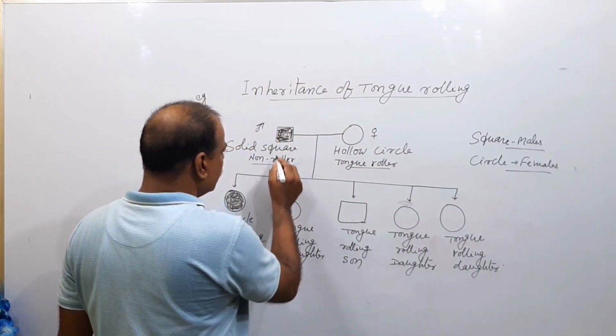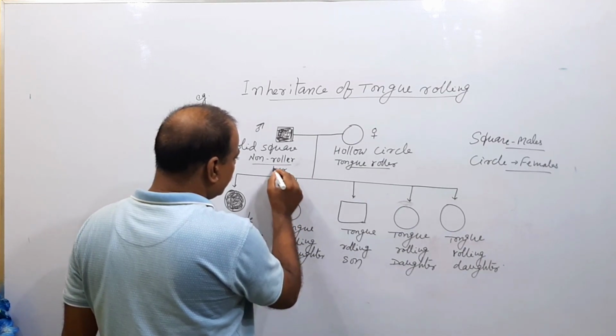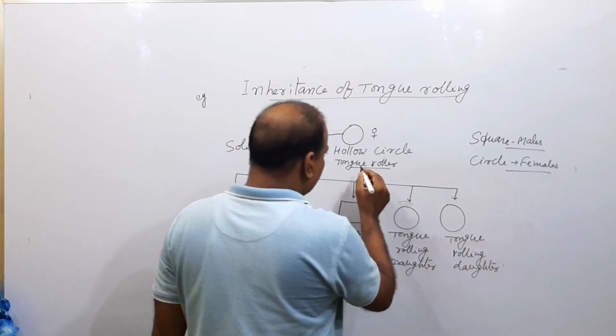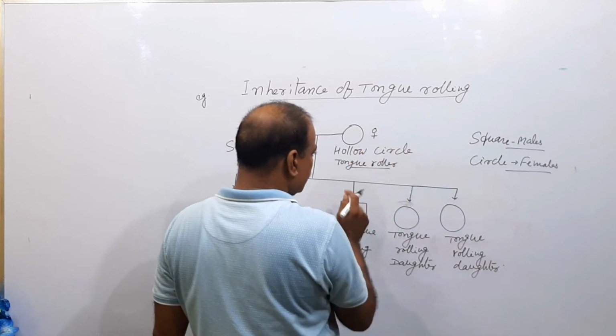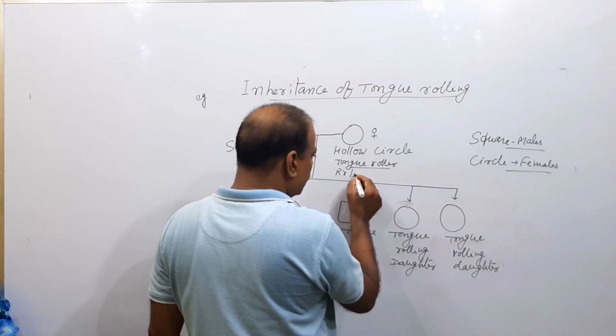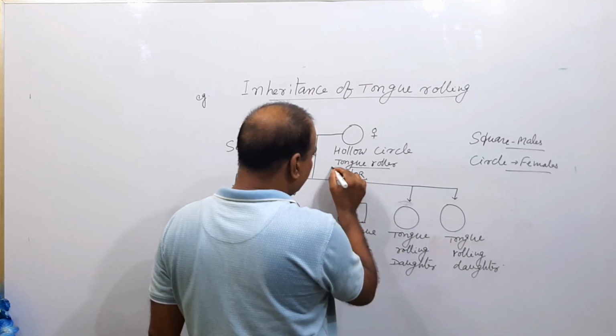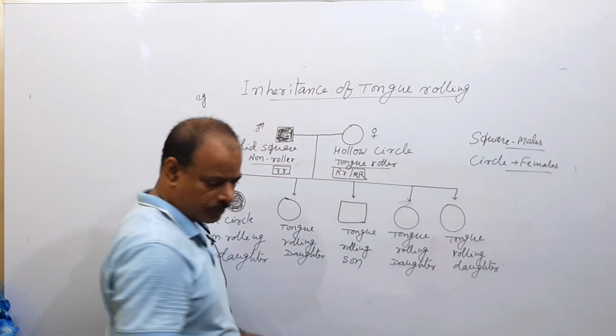It means here the type of genes present is small r, small r, whereas here it is hollow circle, tongue roller. It means here capital R, small r, or capital R, capital R type of genes present.